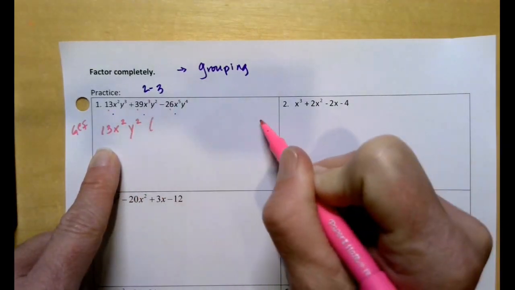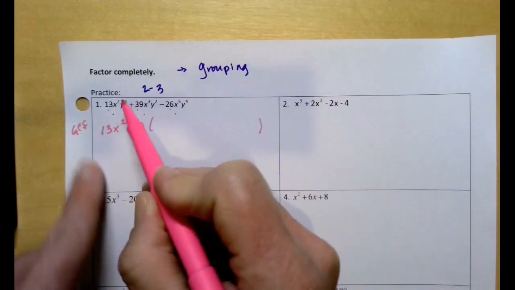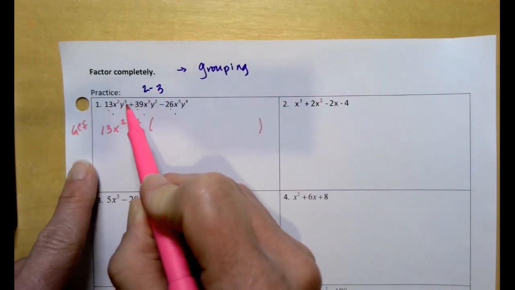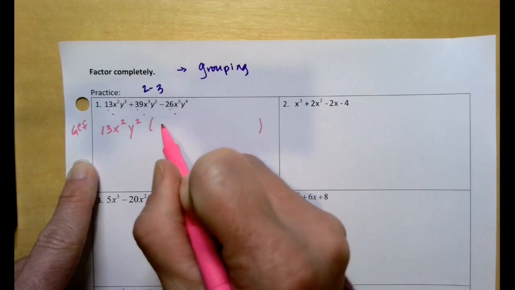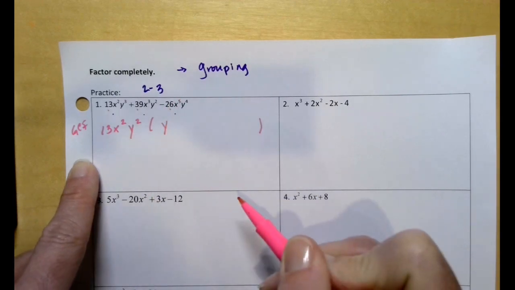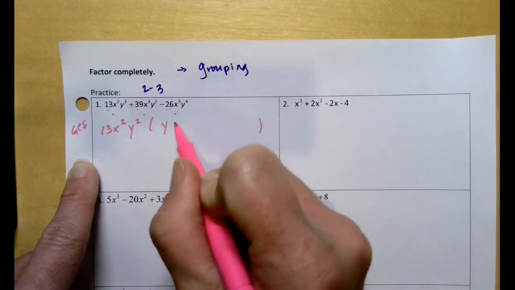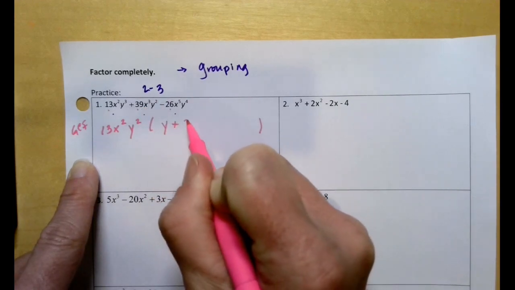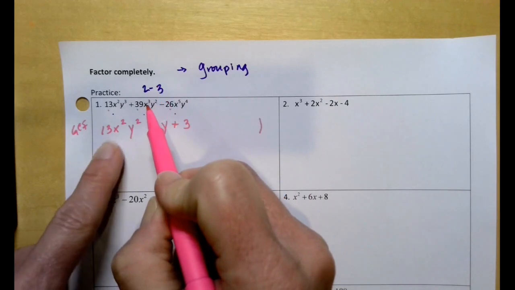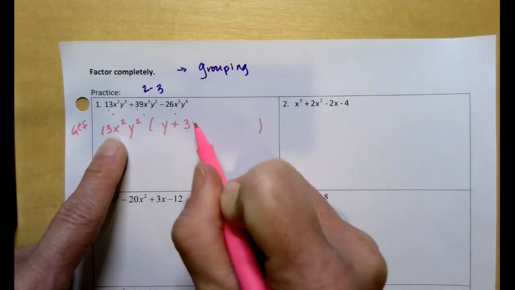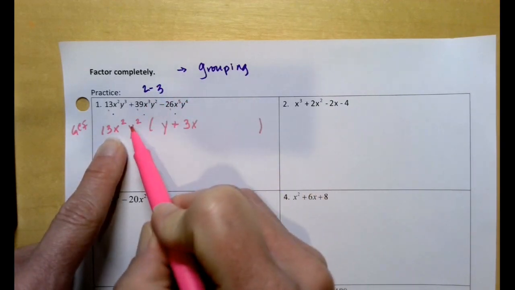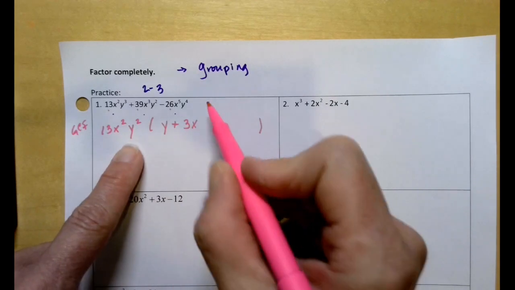Let's take a look at what we have left. If I factor out my 13 and an x squared and 2 y's, that leaves me with 1 y left there. Factor my 13 out, that's going to leave me with plus 3. If I take 2 x's out, that's going to leave me with 1. Take 2 y's out, and I'm good.